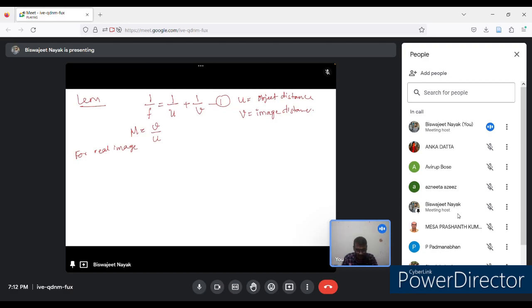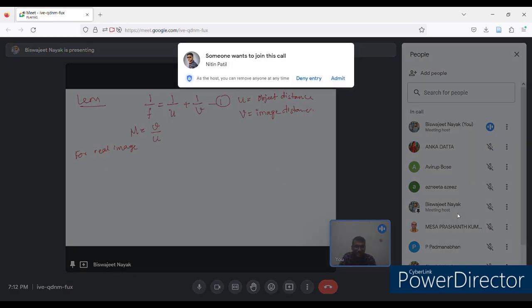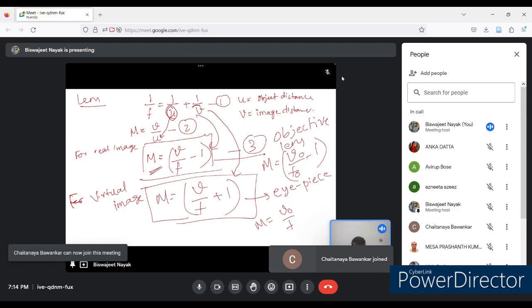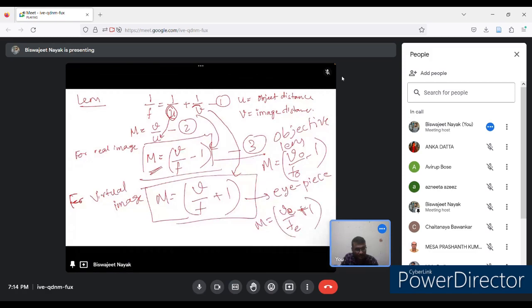As we already know, the relation is 1 plus D by f for the eyepiece. Then the total magnification is the product of the objective magnification and the eyepiece magnification.